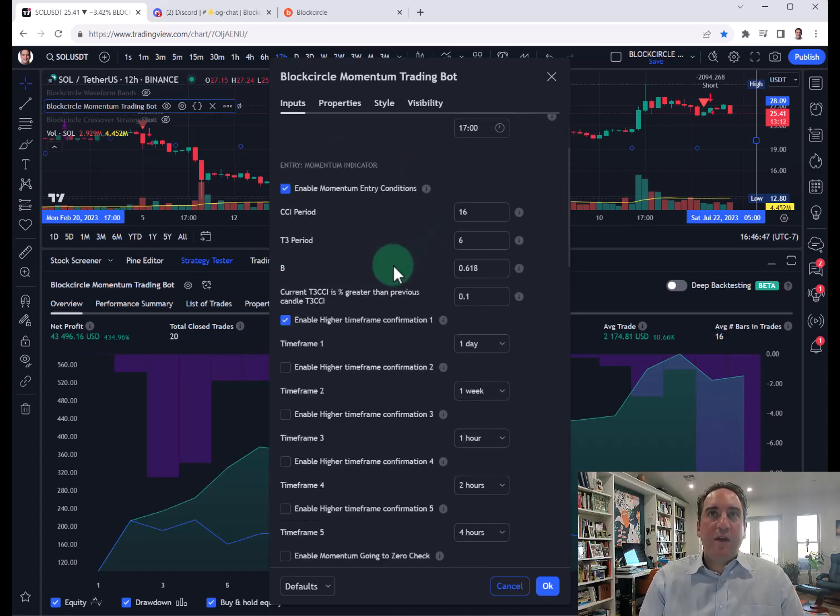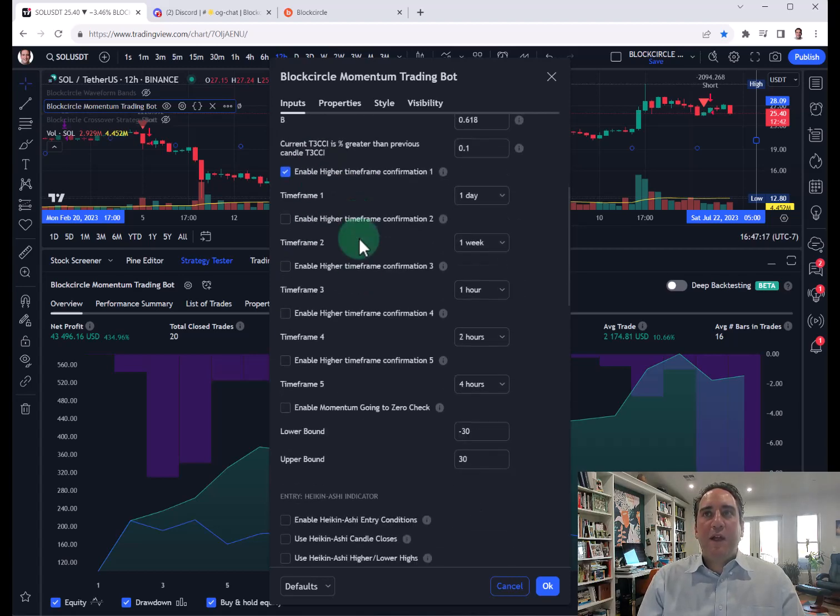The second big component of the momentum trading bot is your entry conditions. And that includes 100 plus different types of individual conditions that are completely configurable. And each of these configuration parameters can have millions of different values. So imagine we're literally having tens of millions of permutations that you can backtest. And so one of the big major entry conditions, and we'll go through these, is a momentum-based indicator.